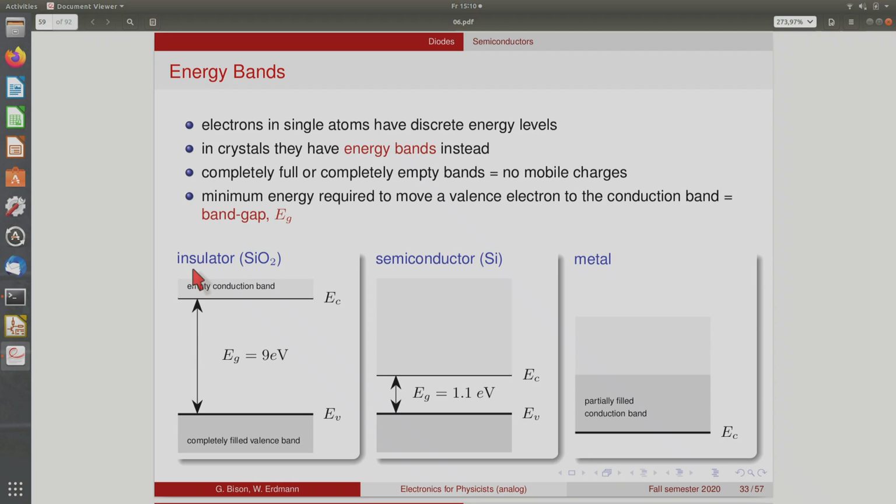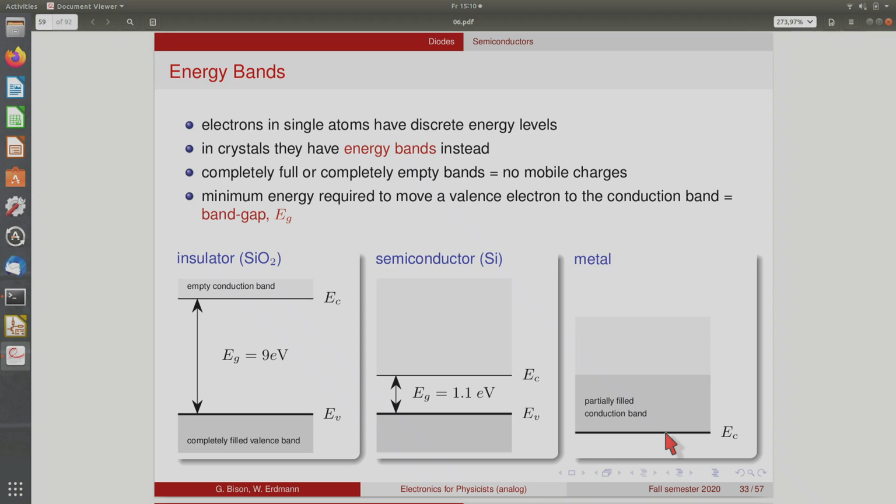On the metal, on the other hand, there is basically no gap between the valence band and the conduction band. So in a metal, there are states directly above the valence band, so to speak, available. So there is no gap, and any electron can move around freely.